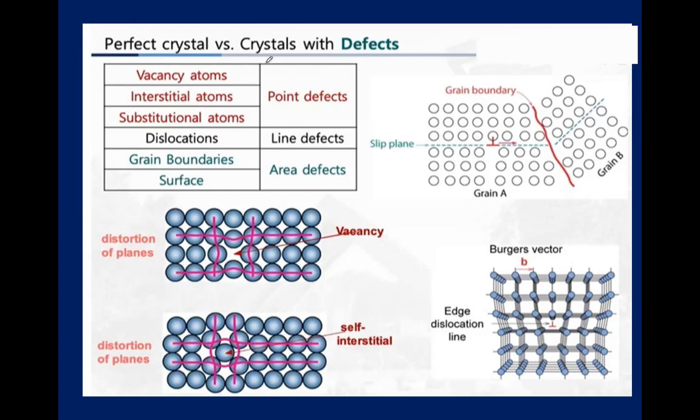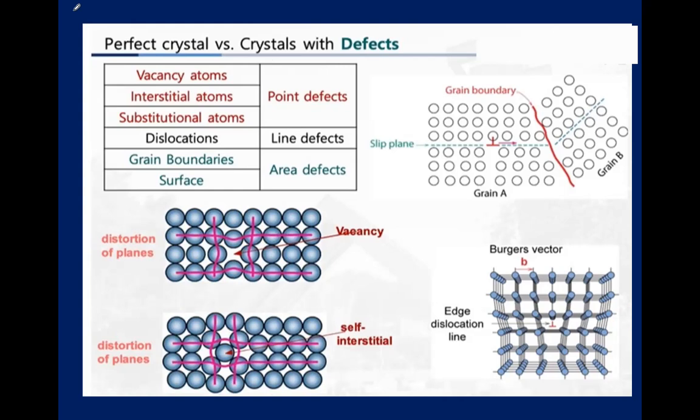So for that, you will need to know about the crystal defects in details, right? But at this level, we will just have a very brief introduction, very kind of illustration only, right? We are not discussing in much details, but this is important, so you have to keep in mind.